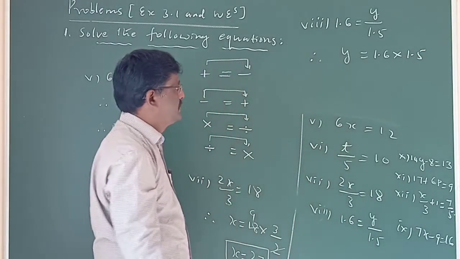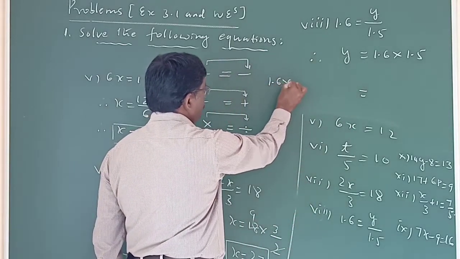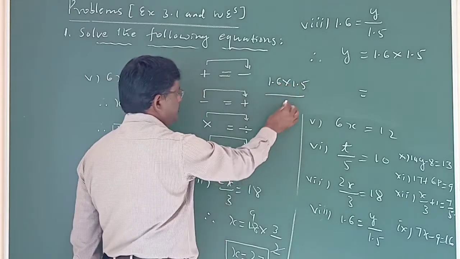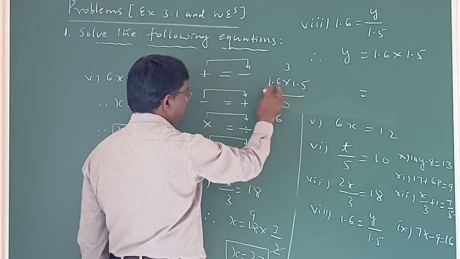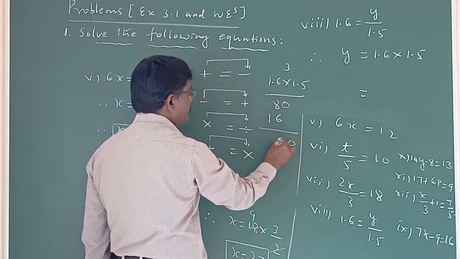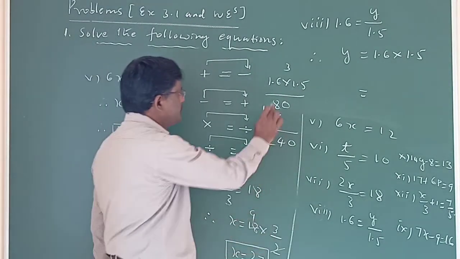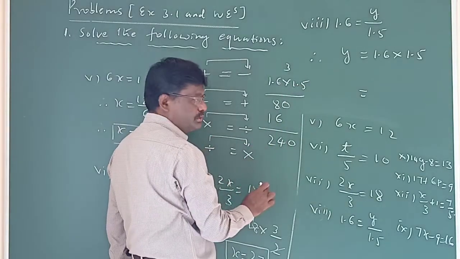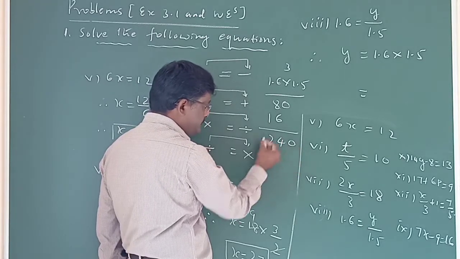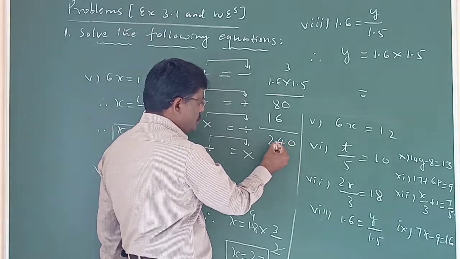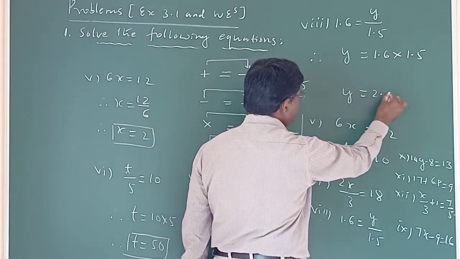Correct? Now let us multiply in rough form. 1.6 into 1.5. 5 sixes are 30, 3 carries. 5 ones are 8. 1 into 6, 1 into 1, 0, 14, then 2. After the decimal, we have one digit in each, altogether 2 digits. How to introduce the decimal now? Start from the right hand side of this number: 1, 2, put a decimal. Thus, the value of y equal to 2.40.